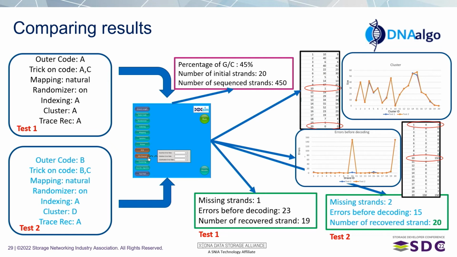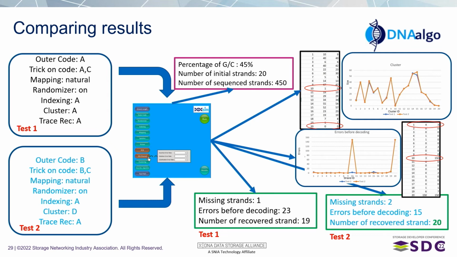Then we use the same mapping, which I call here natural. We can use a randomizer, which is the same. We use the same mechanism to make indexing. But, for example, we use a different algorithm to make clusters: in one case A, in the other case D. And the same trace reconstruction.